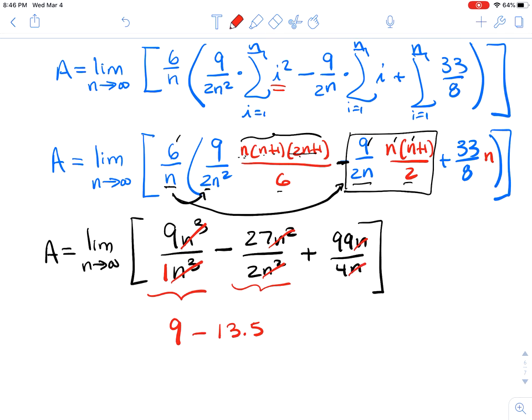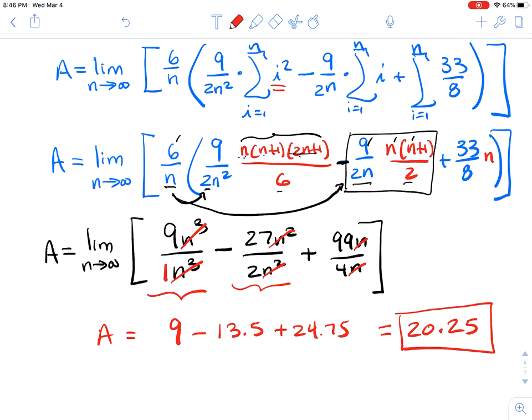And this last term, the limit as n goes to infinity would be positive 24.75. And if you add all of these numbers up, you get 20.25. That is the exact area, and that is the end of the problem.